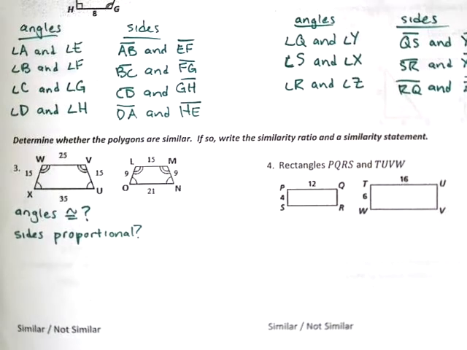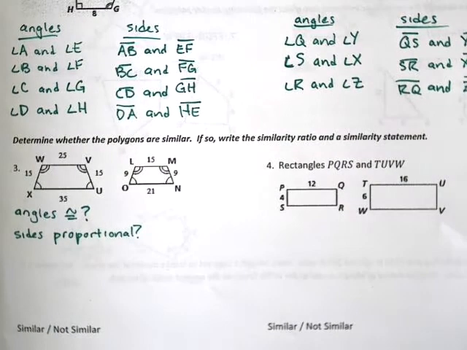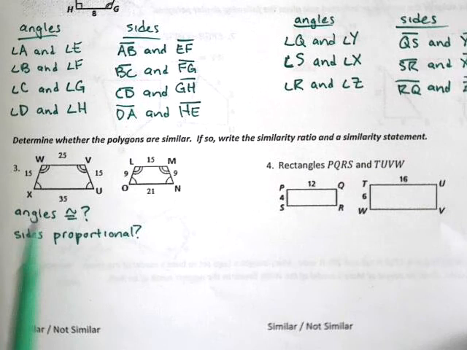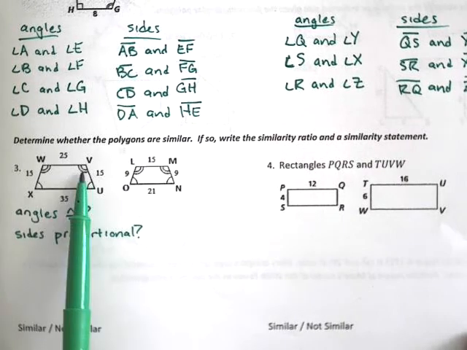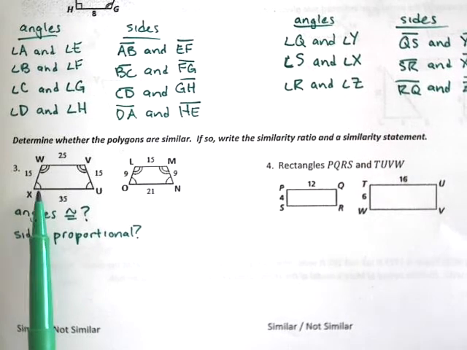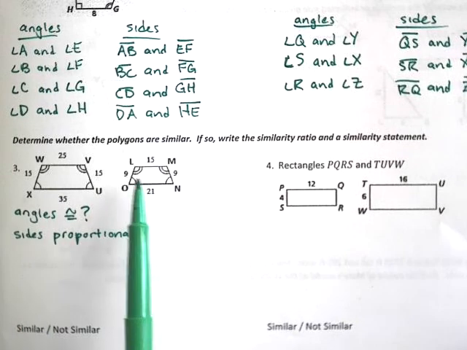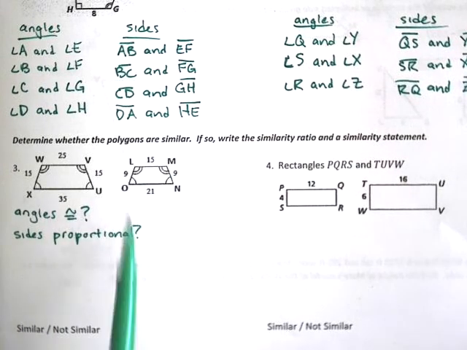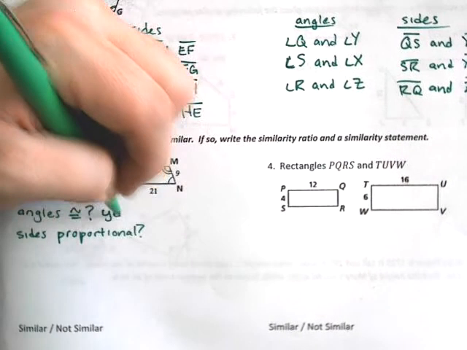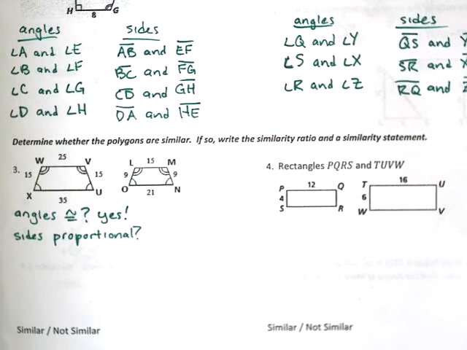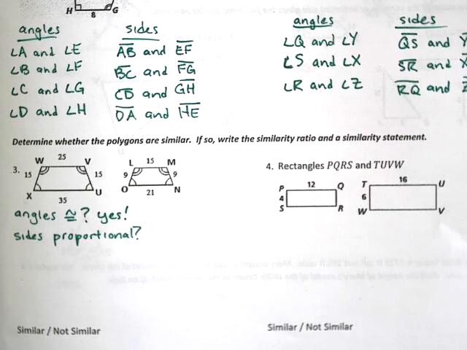Okay, so I'm not going to go super in detail about these angles because I'm hoping you guys can see that if I have double, double, single, single, and then in the exact same order on the other polygon I have double, double, single, single, then I'm good. I know that my angles are congruent. Alright, now the sides. Here we're going to have to set up some ratios, kind of like what we were talking about on the page before, these similarity ratios.